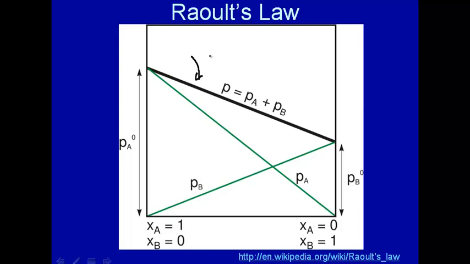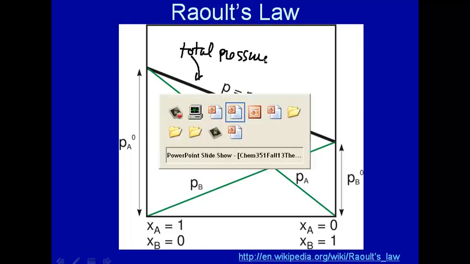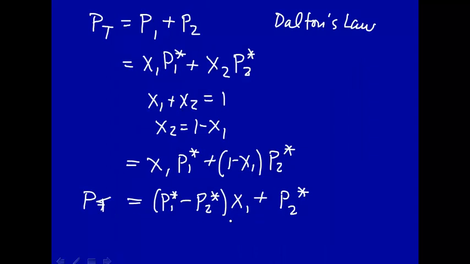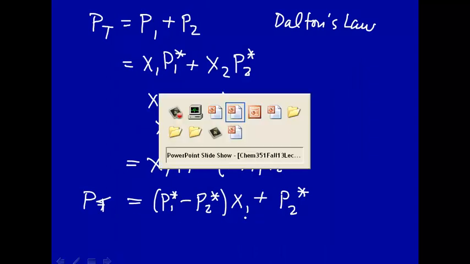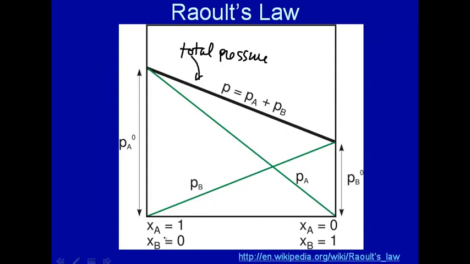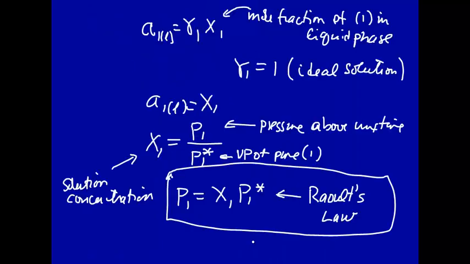All right, let's look at this. Here we have total pressure. And as we predicted, the total pressure is a linear function of the mole fraction. So here the mole fraction of B goes from 0 to 1. There's that linear function. That's total pressure. Let's look at individual partial pressures.